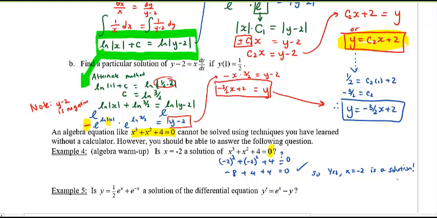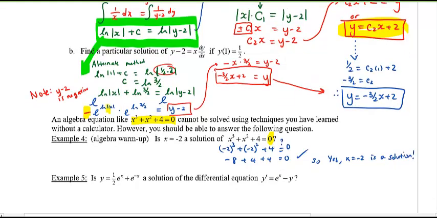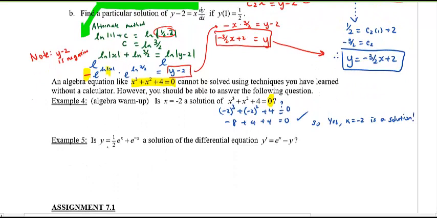So then if I ask you a question like this, is y equals 1/2 e to the x plus e to the negative x a solution to this differential equation? Now, notice in this case, if you want to solve just like the previous method of separating the variables, you can try, by the way, don't write this down right now, just watch.